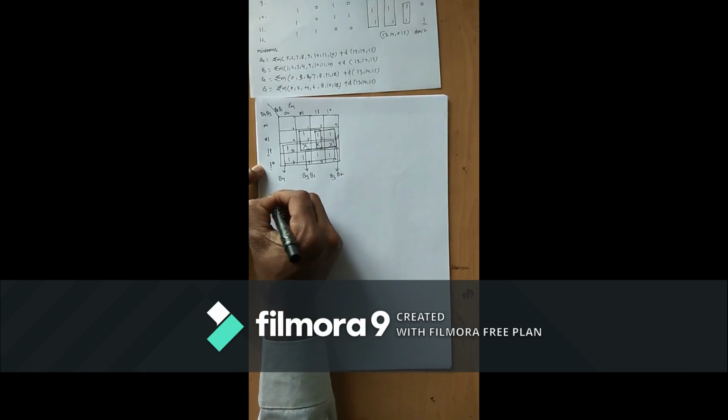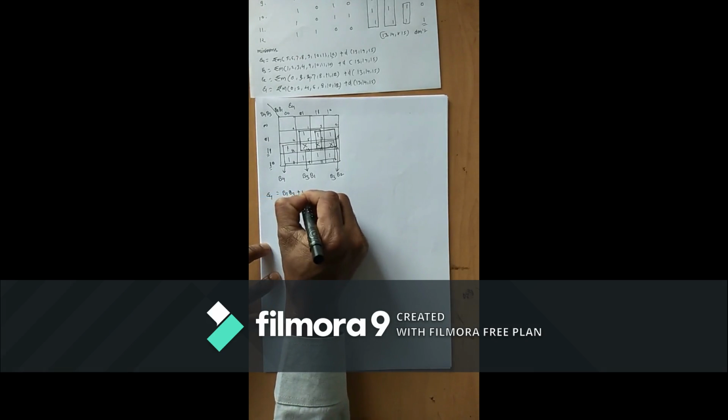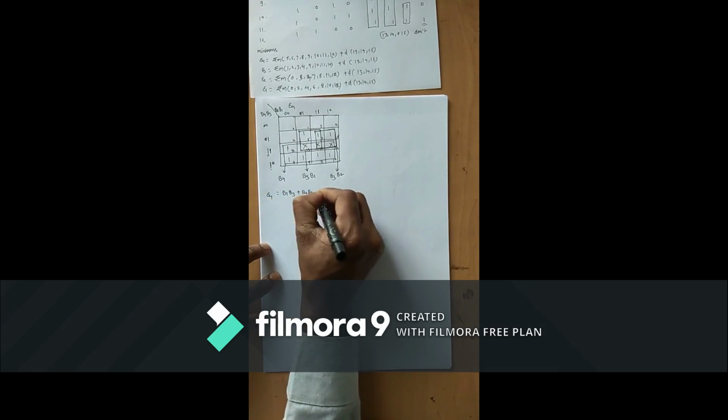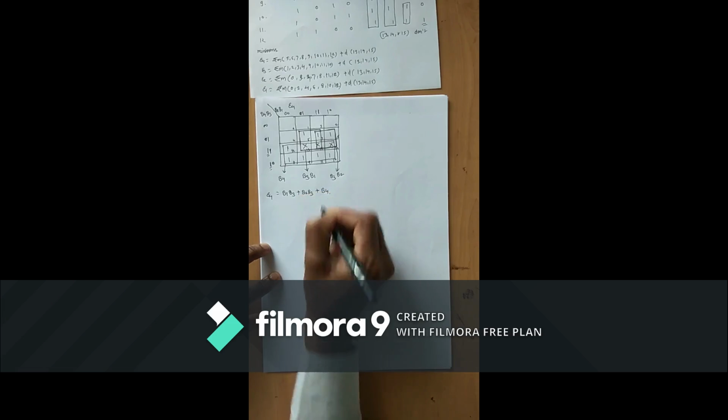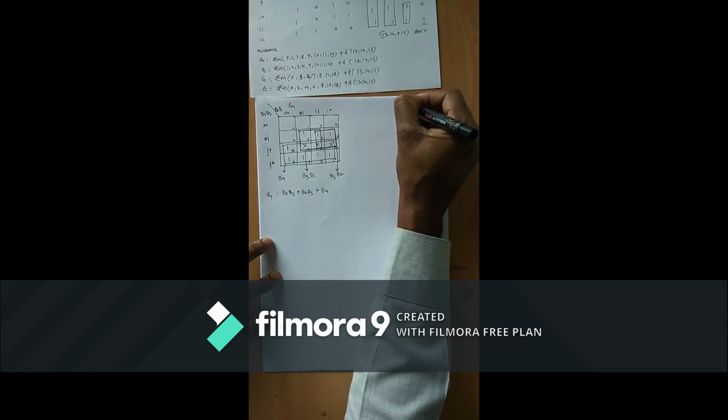So E4 is equal to B1 B3 plus B2 B3 plus B4. This is the Boolean expression of E4. Let's go with E3.